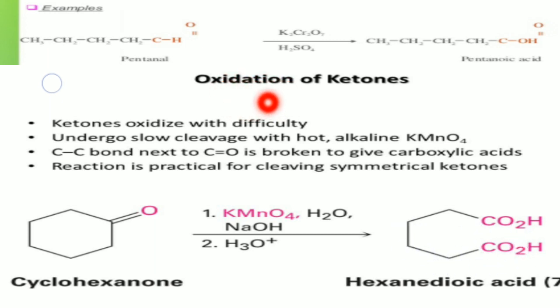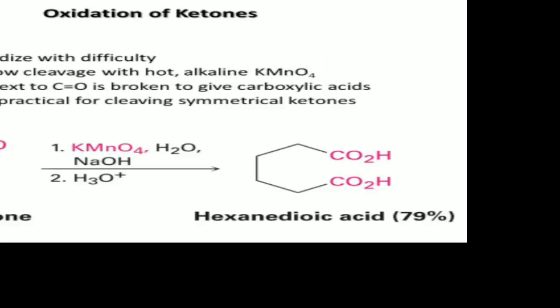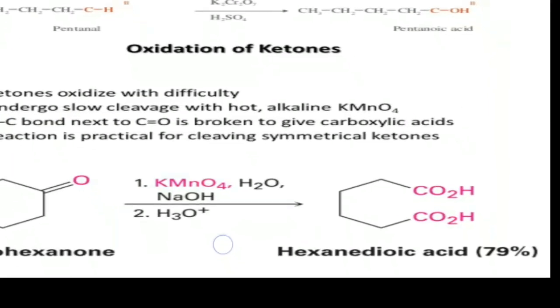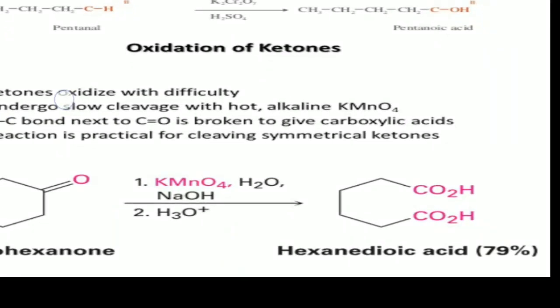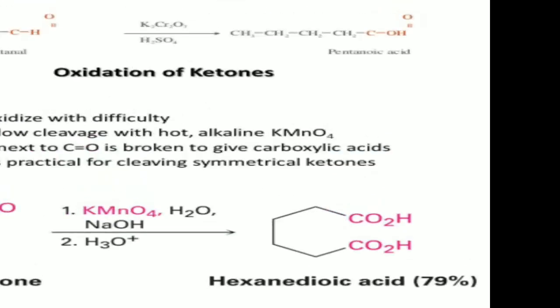Compulsorily an acid is produced. So here cyclohexanone is a cyclic ketone. Under oxidation by potassium permanganate and water in the presence of sodium hydroxide, it gives a dicarboxylic acid, which is called hexanedioic acid. So this is the oxidation of aldehydes and ketones.